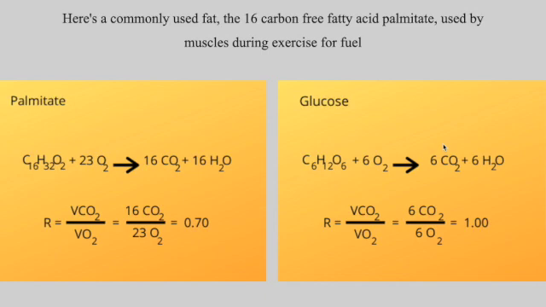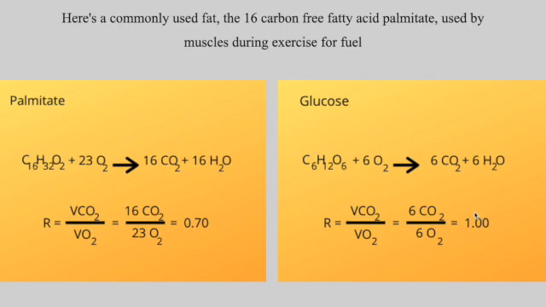Notice that the respiratory exchange ratio for its complete oxidation to carbon dioxide and water is 0.7. With the complete oxidation of glucose, the primary carbohydrate used by muscle during exercise, the respiratory exchange ratio is 1. Okay?